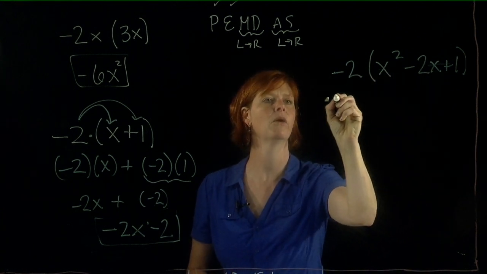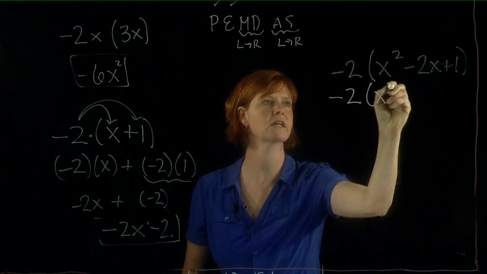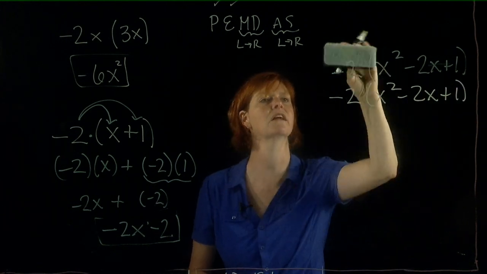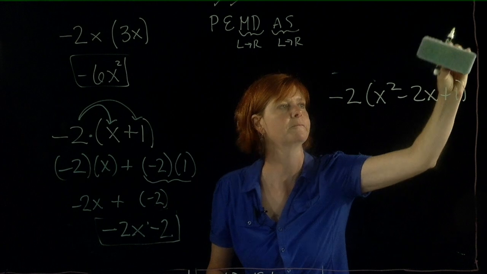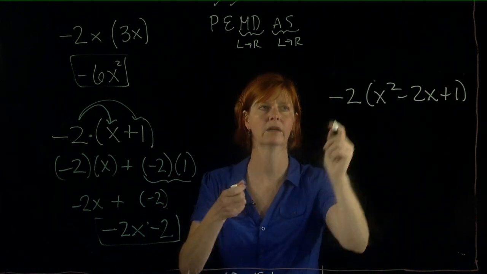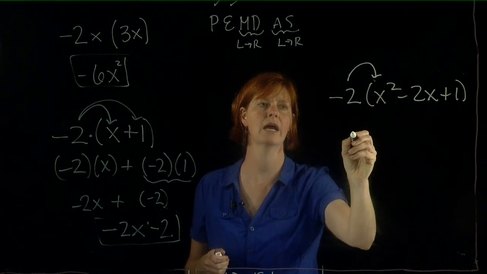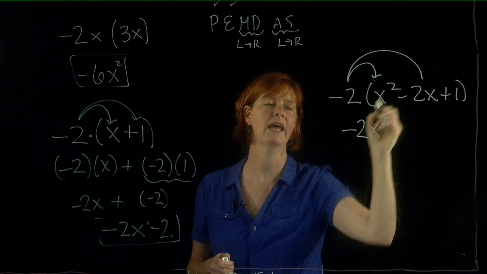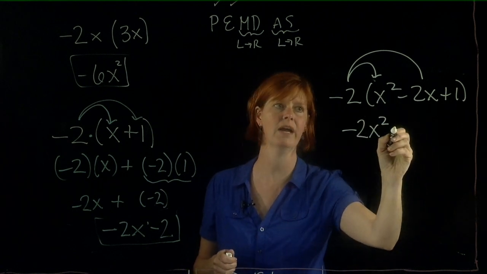I'll rewrite it: negative 2 times x squared minus 2x plus 1. There we go, that looks nicer. Now remember, what are we doing? We're distributing. We're going negative 2 times x squared. That's negative 2x squared. Then we're doing negative 2 times negative 2x.